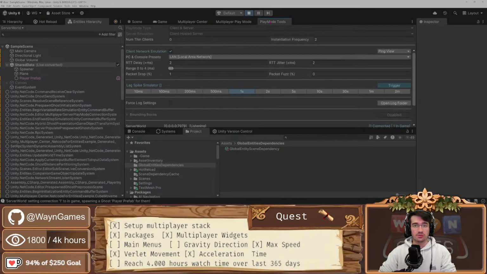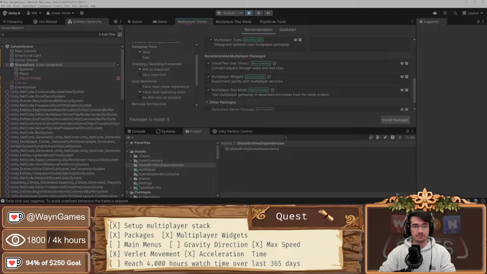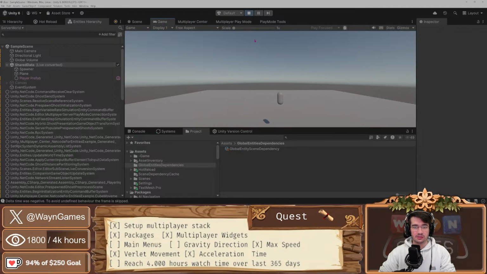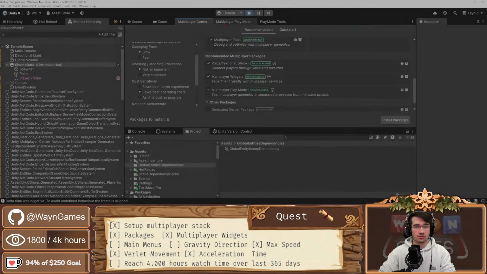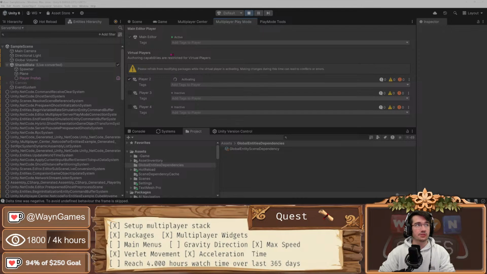Very smooth, even if I simulate a bad connection, 242 ping latency, and with that it's still fairly smooth, and it should work with the other player also.